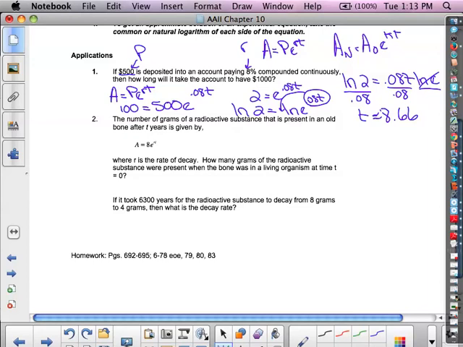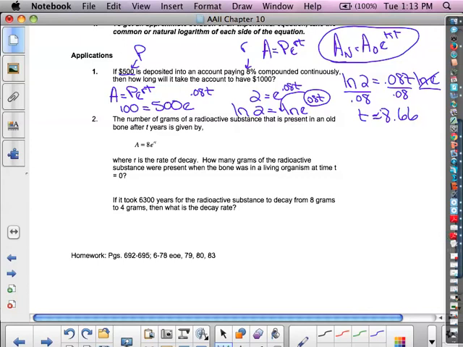Okay, so when we have e, we're going to use the natural log. Number 2 says the number of grams of a radioactive substance that is present in an old bone after t years is given by this formula, only A sub 0 is 8, where r is the rate of decay.